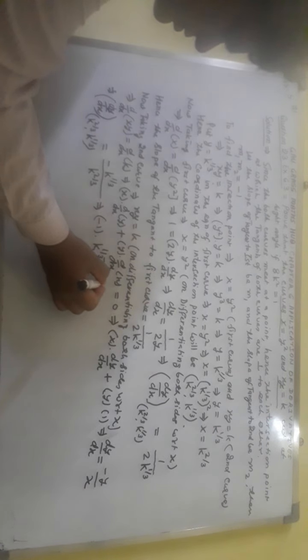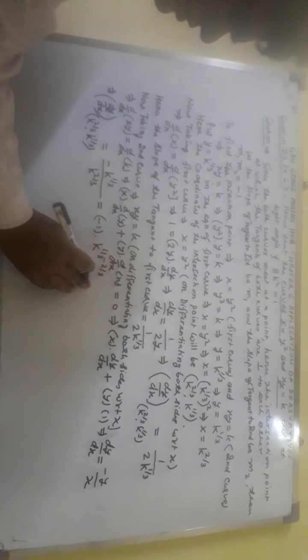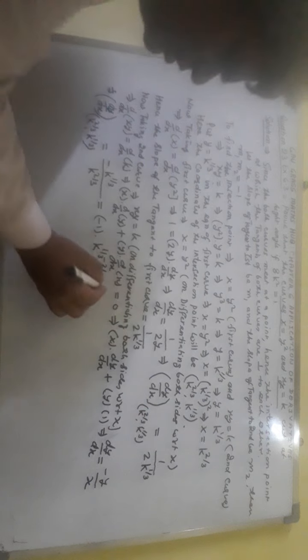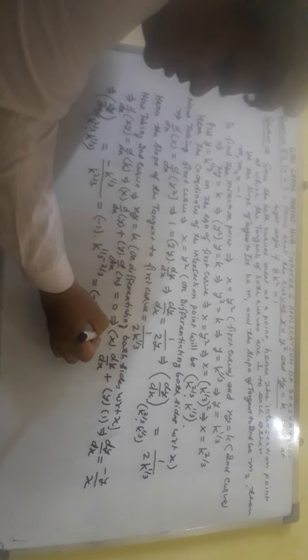So minus 1 dot k raised to the power 1 over 3 minus 2 over 3.